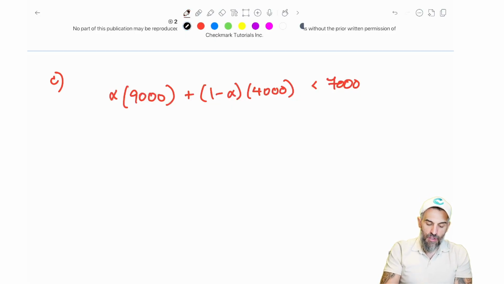And so we do the math here, in the exact same way we did it before, and your A becomes 0.6.